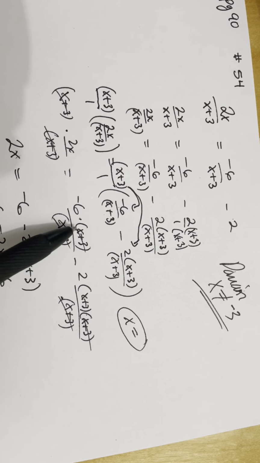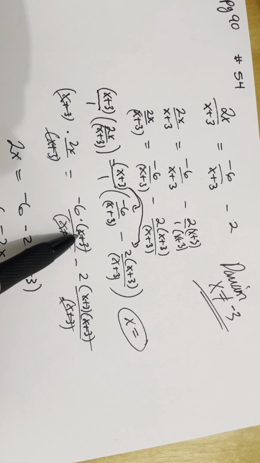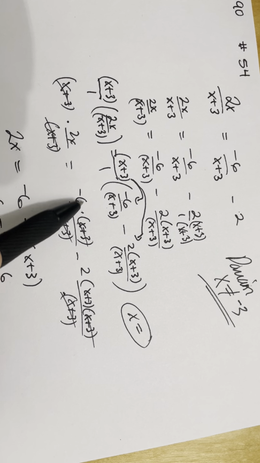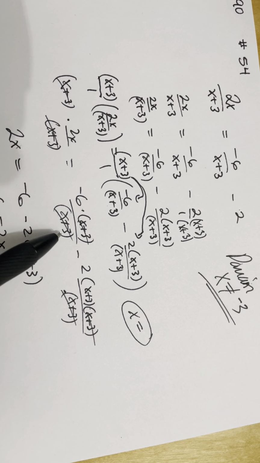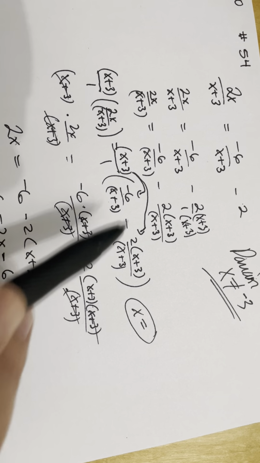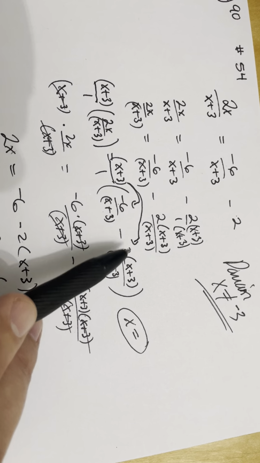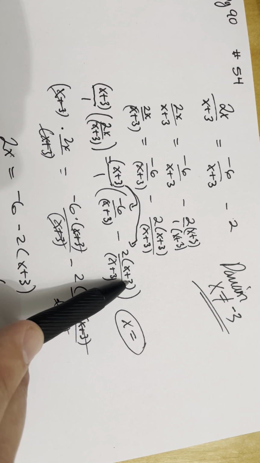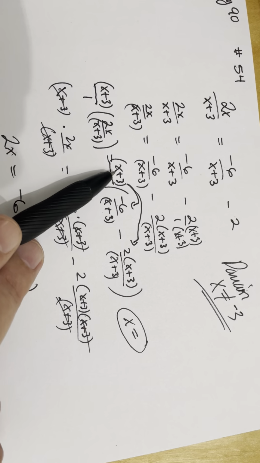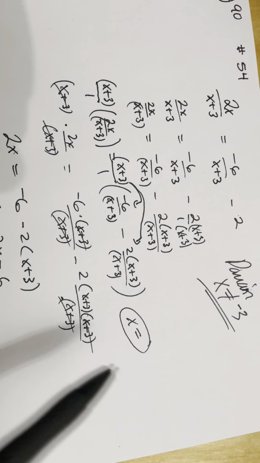So x plus 3 gets into the numerator of this, and the 1 gets into the denominator. Now I don't need to write the 1, so it's really negative 6 times x plus 3 over x plus 3. And then we have the negative 2, and it has the x plus 3 already in the top, and then it's got the x plus 3 in the denominator. So when I put it here, I actually have it twice.